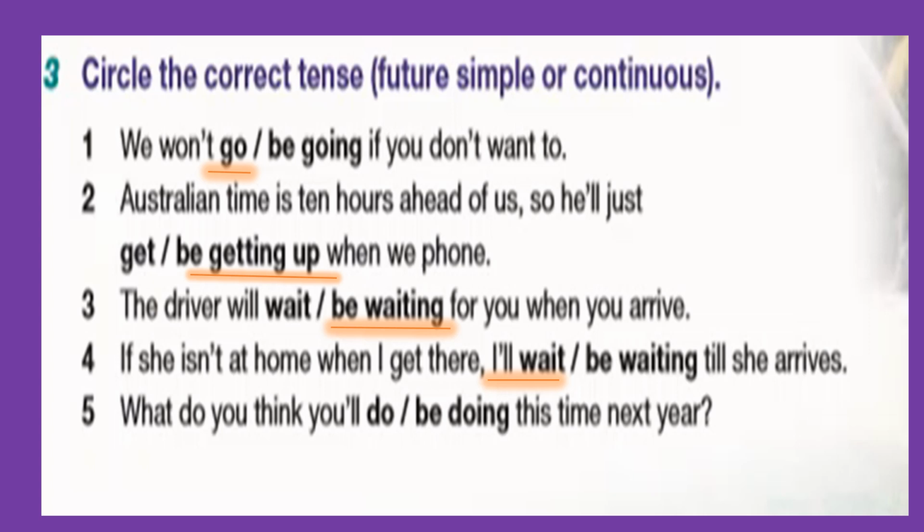Till indicates the future simple. Number 5, what do you think you will do or be doing this time next year? We have an exact time, this time next year. So we will choose be doing. We use the future continuous because I have a specific time.